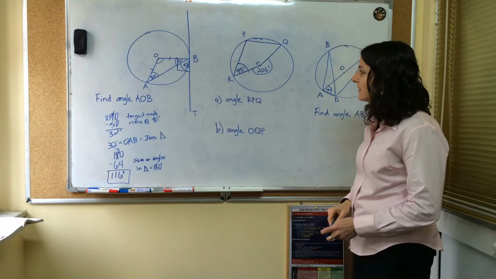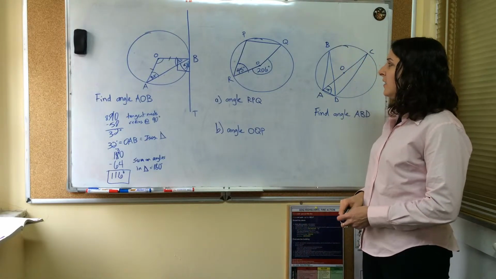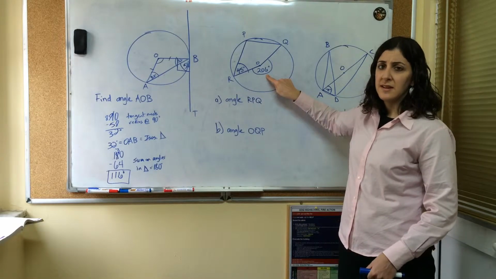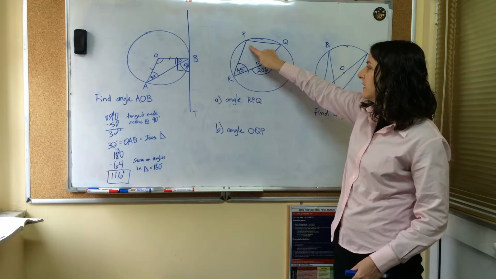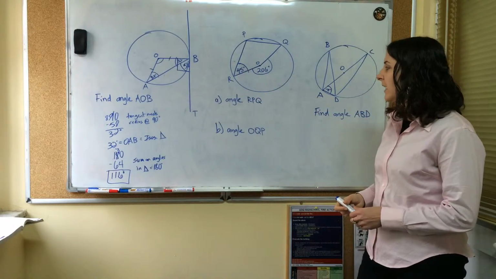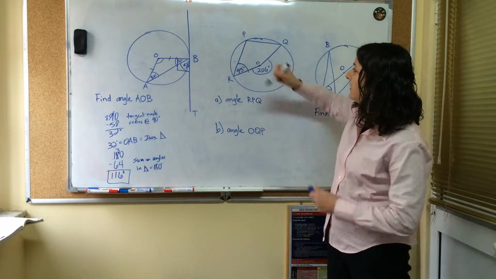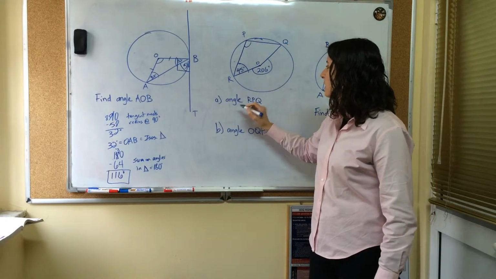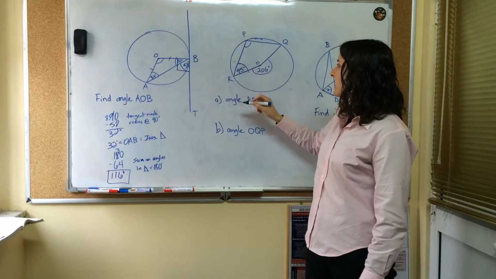So if we move on to the next question, I notice that I have a situation that they give me the angle at the center. So we know we can find this angle at the circumference, which is exactly what they're going to ask us. Find angle RPQ. That's this one. So we know the angle at the center is twice the angle at the circumference.